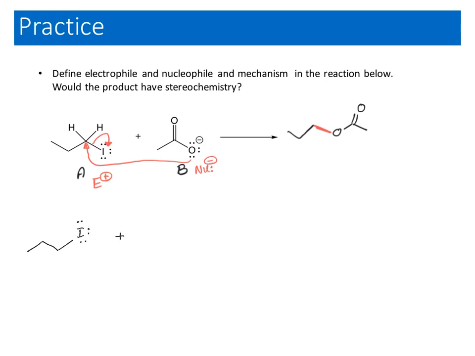Imagine this is our alkyl halide and we have an electrophilic center such as a carbocation. Now if iodine acts as a nucleophile and attacks the carbocation, we are going to form this product. Okay, and iodine will get a positive charge on it.